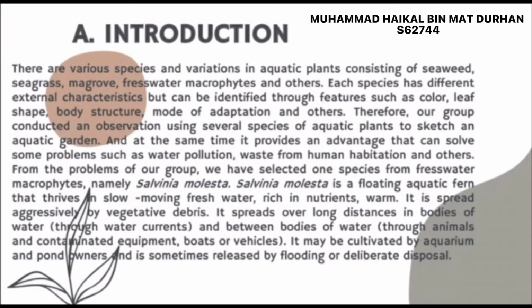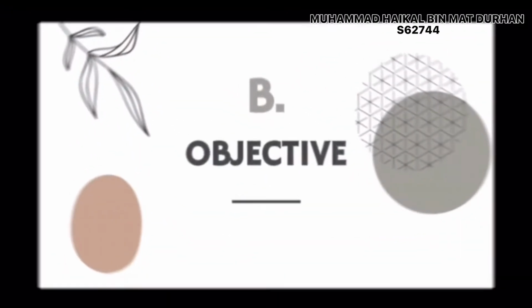It is spread aggressively by vegetative debris. It may be cultivated in aquariums and ponds, and is sometimes released by flooding or deliberate disposal.